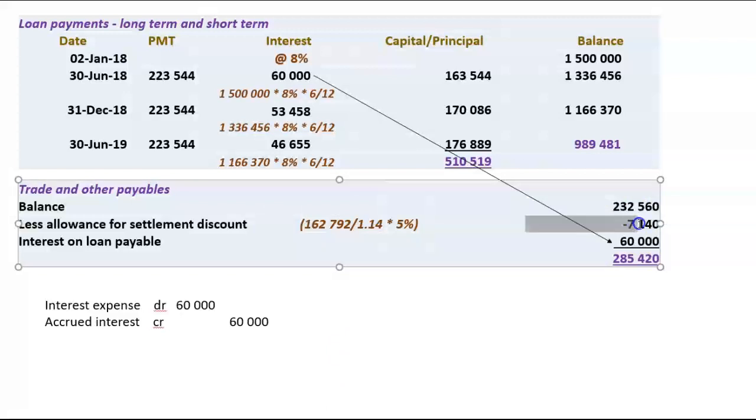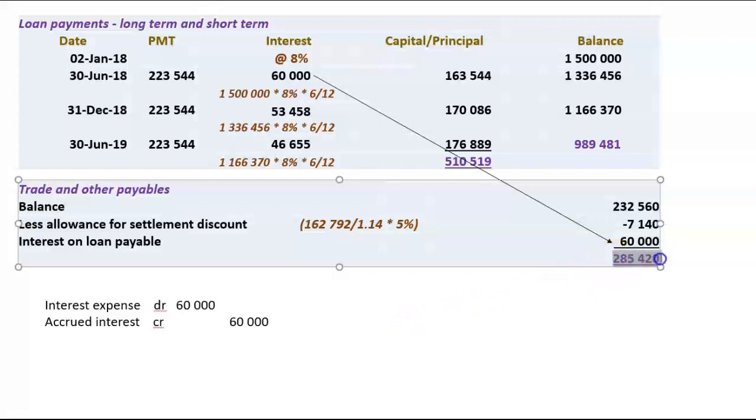Strictly speaking, you should have had here a total of net trade creditors if they did ask you the trade and other payables note. However, here the trade and other payables note is purely for calculation purposes, so it does not 100% have to comply with the IAS 1 prescriptions for trade and other payables.